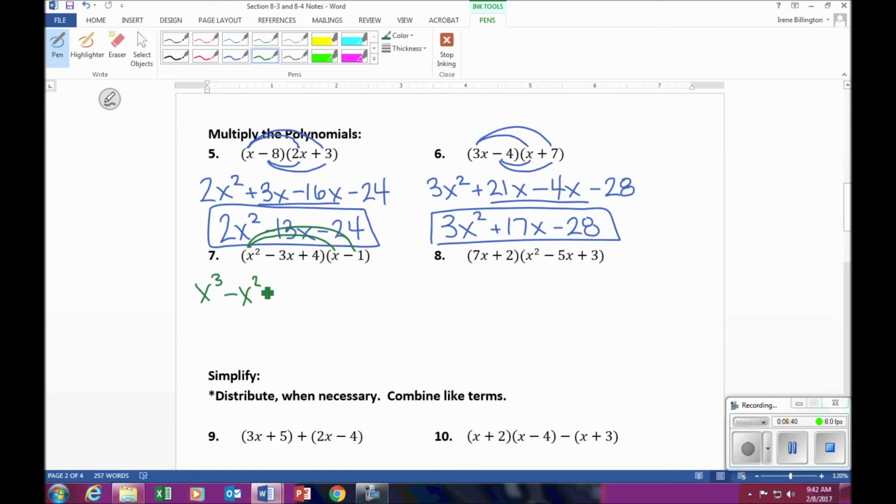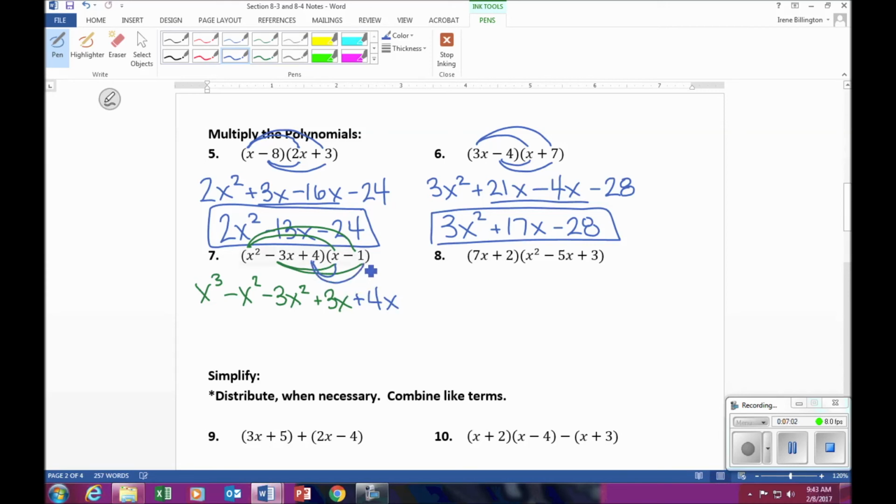Next, we're going to move on to the negative 3x, and we're going to multiply that by x, which gives me minus 3x squared. Then take the negative 3x and multiply by negative 1, which would be plus 3x. And then we're moving on to the 4. Multiply the 4 by the x, which is plus 4x.